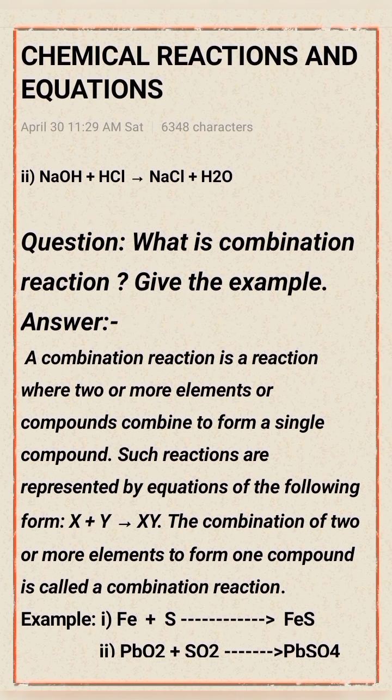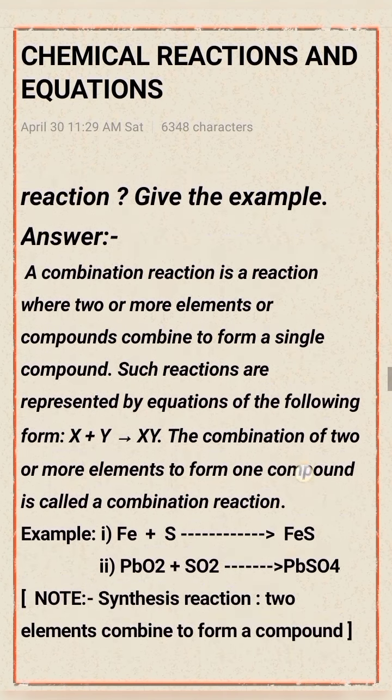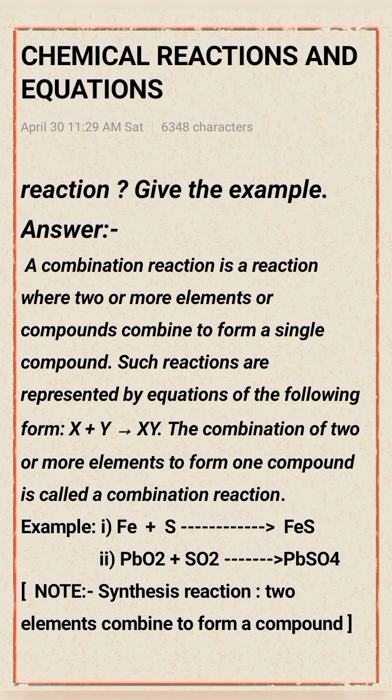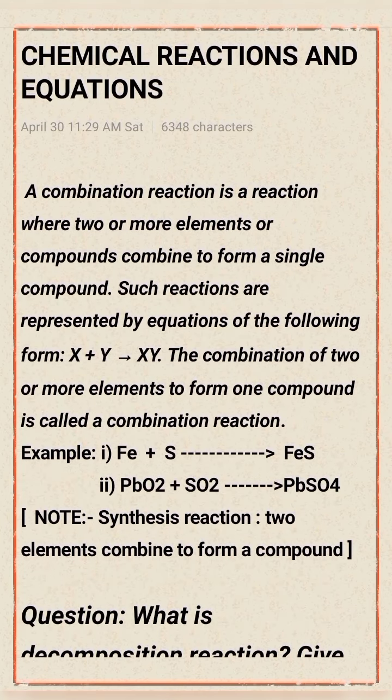Example: Fe plus S form FeS. Next example: PbO2 plus SO2 form PbSO4. Example 1, Fe plus S form FeS, is also called a synthetic reaction, mainly because two elements combine to form a compound.